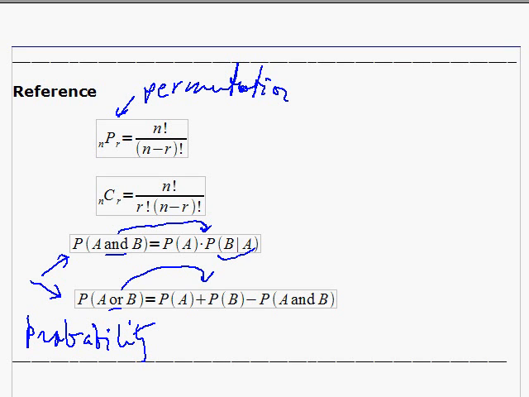For example, if you're going to draw, let's just draw 2 face cards from a deck. To draw the first face card, you count up how many, this would be the probability of A, drawing the first face card. You want to draw 2 of them. So event A is drawing 1 face card, event B is then drawing the second face card.